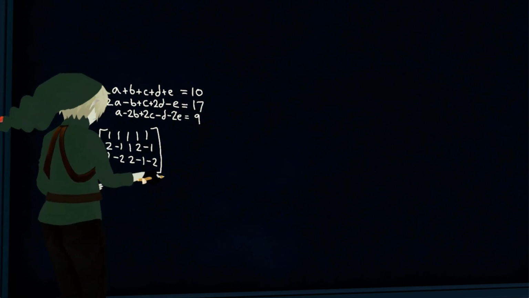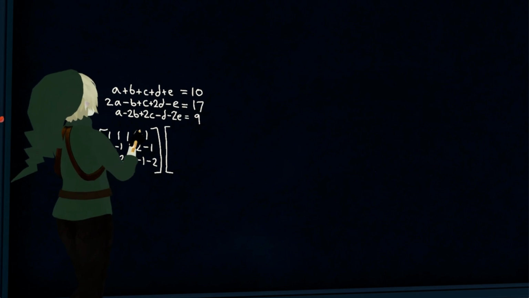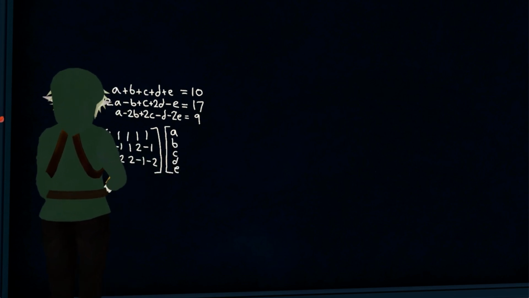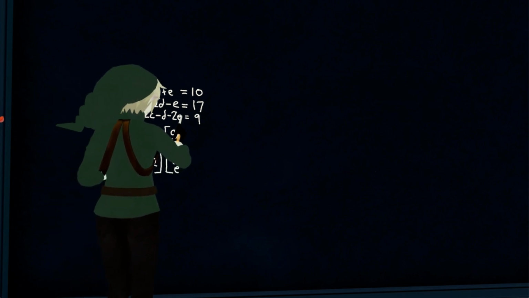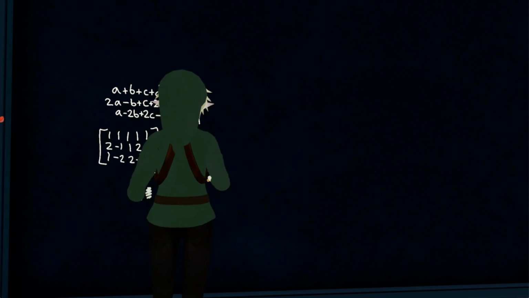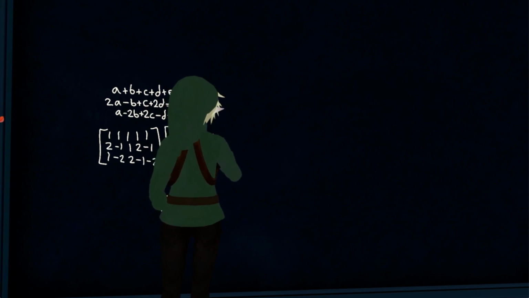We write it like this, and we follow by matrix multiplication, right? A, B, C, D, E. That's what this is. And now this is equal to 10, 17, 9.